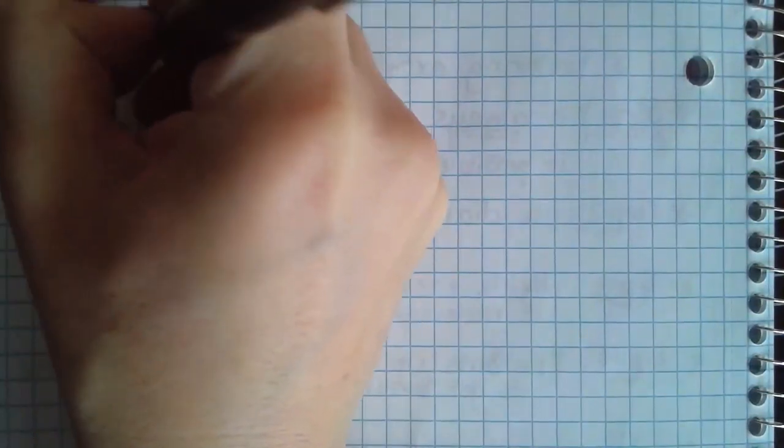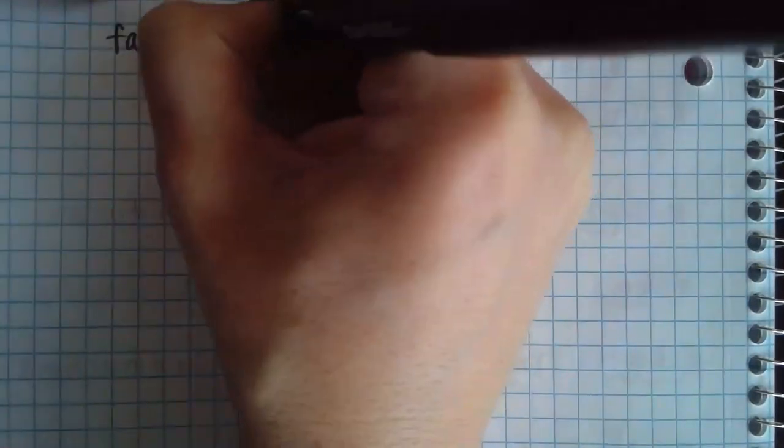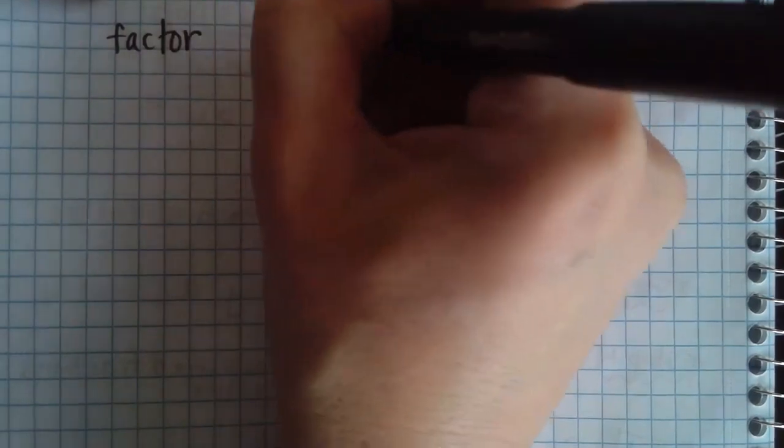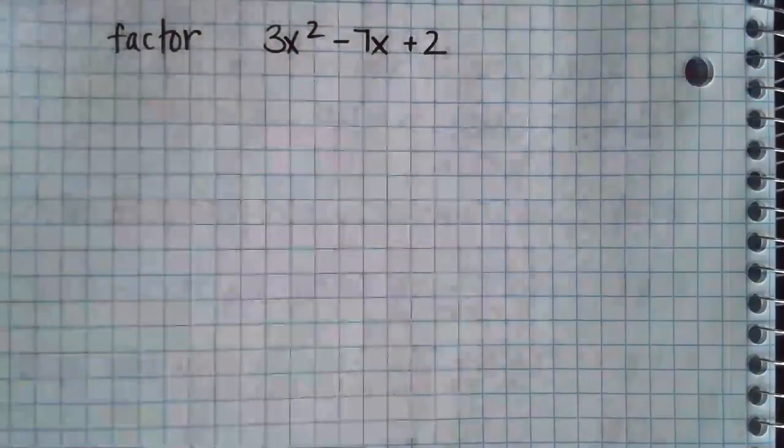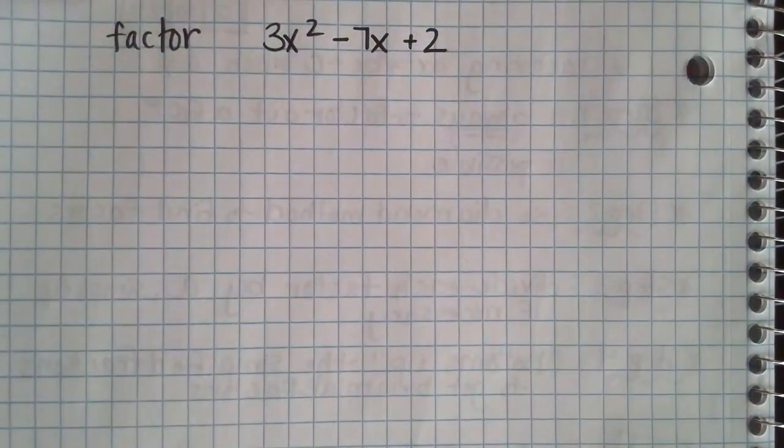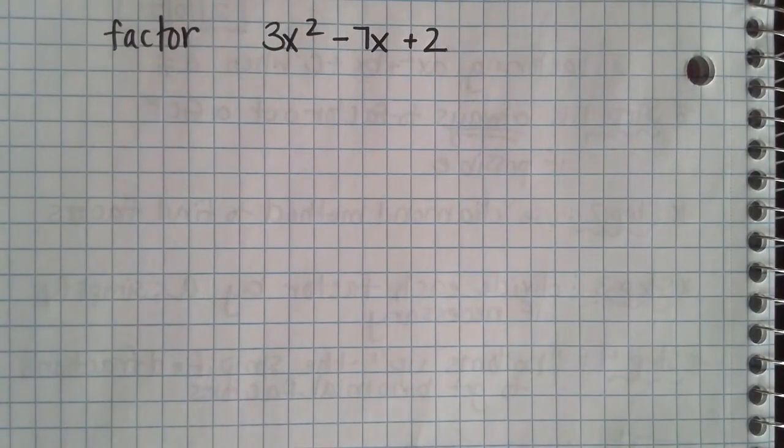Factor. Factor 3x squared minus 7x plus 2. 3x squared minus 7x plus 2. What's our first step? Alex?